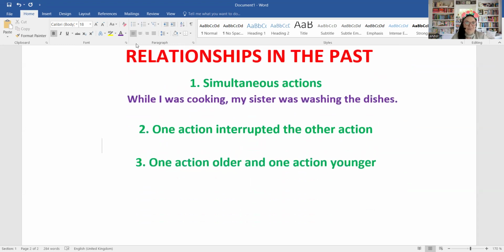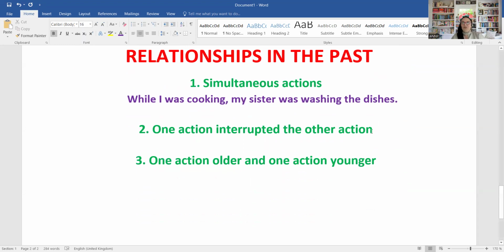After that, we have a relationship between actions in the past where one action interrupted the other action. For example, when I was relaxing by the pool, you called.